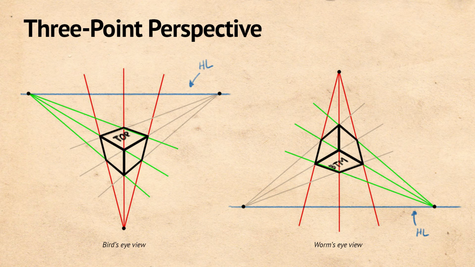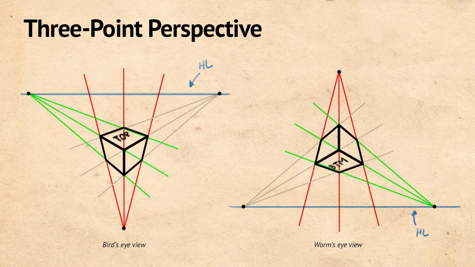Alright, the final perspective type that we will be covering for this session will be the 3-point perspective. A drawing has 3-point perspective when it contains 3 vanishing points. 2 of these vanishing points are situated on the horizon line, but one, the third vanishing point, is situated either above or below it.